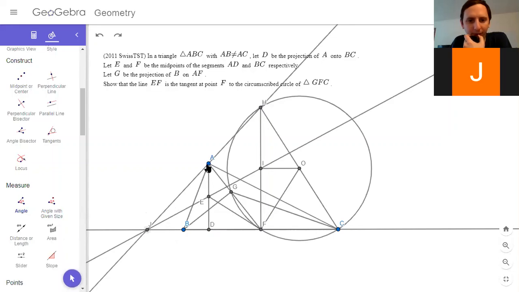Something's weird here. Okay. So this, oh, but this angle is not equal to that angle.